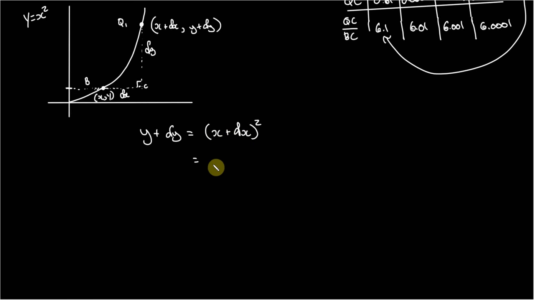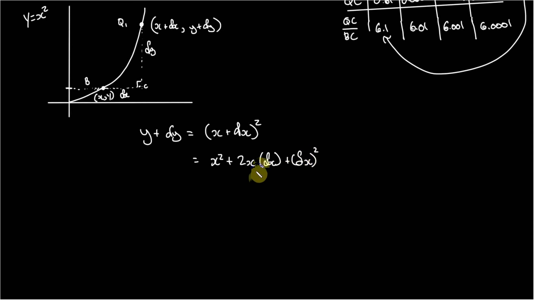What does that get us? That gets us x squared plus 2x delta x plus delta x, and we can square that, so I'll put it in brackets.